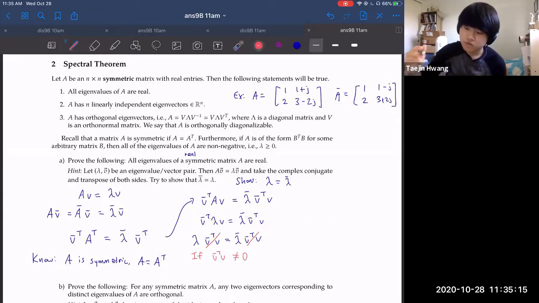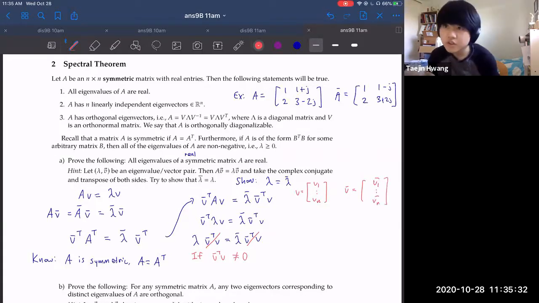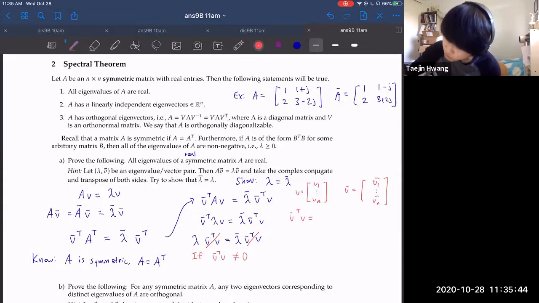But why would this quantity be non-zero? This is quite a difficult thing to show, but if we were to just treat v as a length n vector, then the conjugate of v would just be the conjugate of all of the individual entries. And this tells us that v bar transpose v, well, this is going to be the inner product of v with v bar, and we're just going to multiply the corresponding entries.